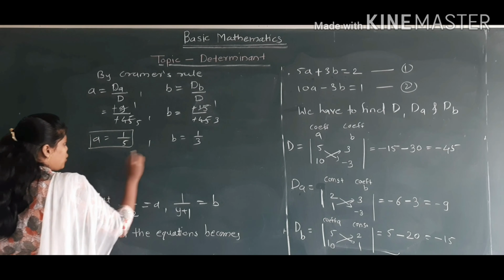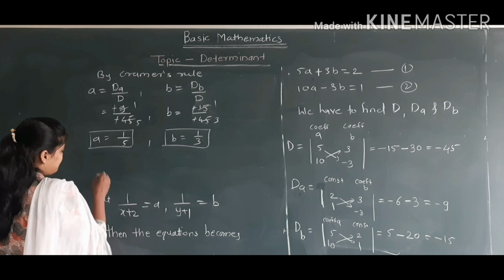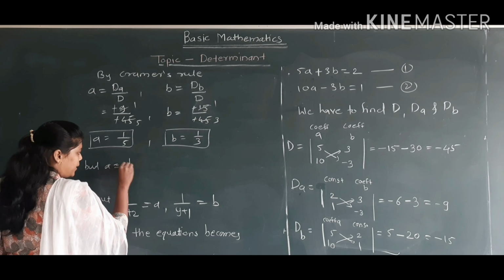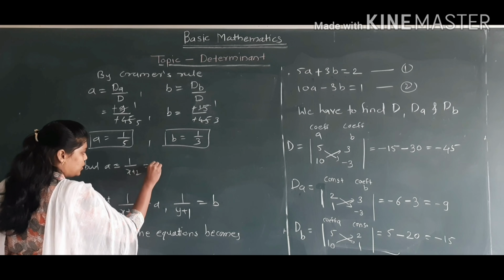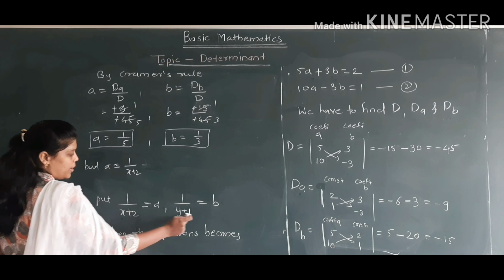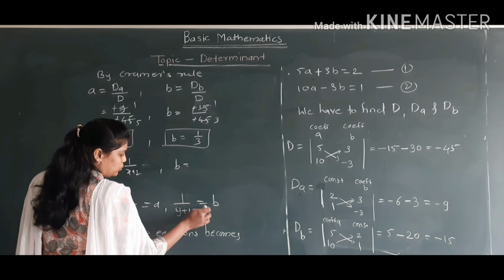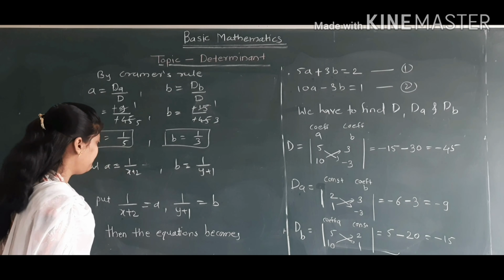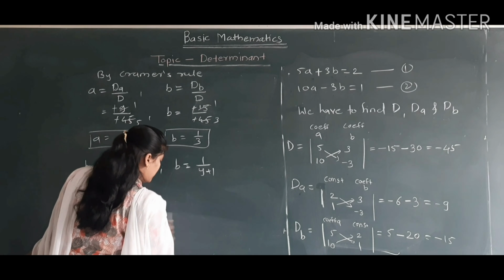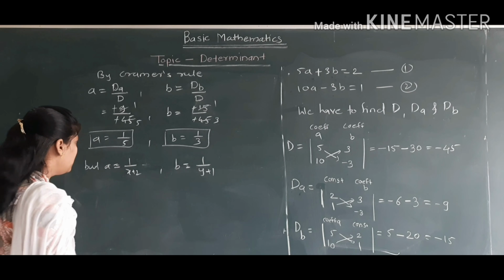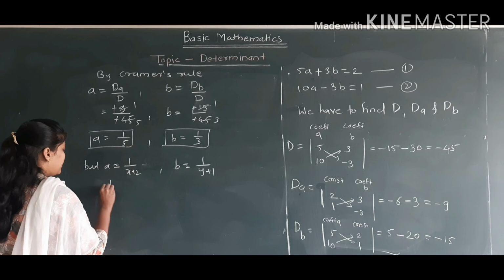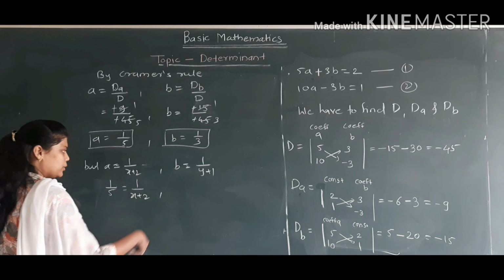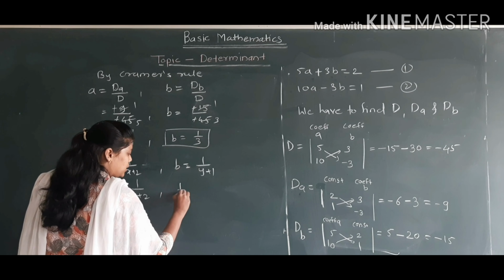We get the values of a and b. But here a is equal to 1 upon x plus 2, and b is equal to 1 upon y plus 1. Also we found a is 1 by 5 and b is 1 by 3.